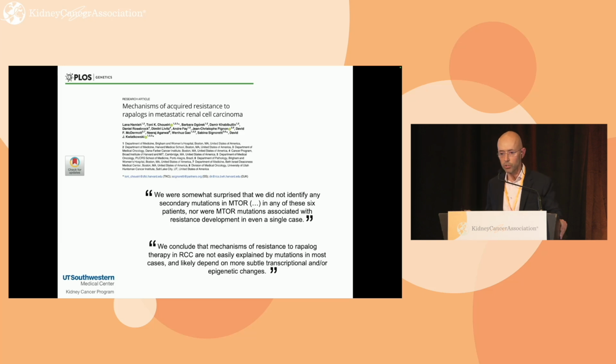In fact, mTOR is called mammalian target of rapamycin because rapamycin binds mTOR. So they were surprised that they did not find a mutation in a single case. So they concluded that mechanisms of resistance are not easily explained by mutations, and they are likely dependent on more subtle transcriptional and other epigenetic changes.